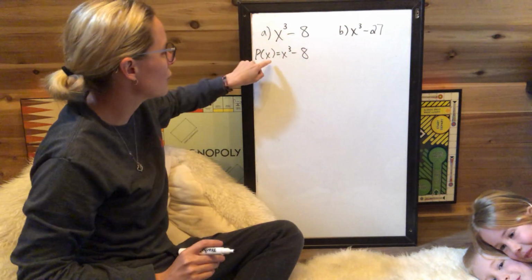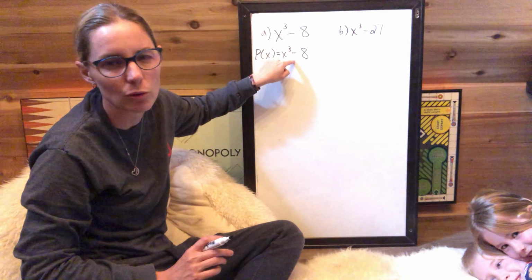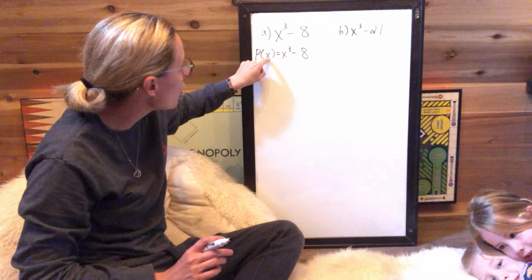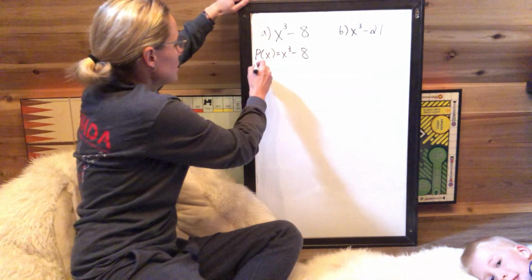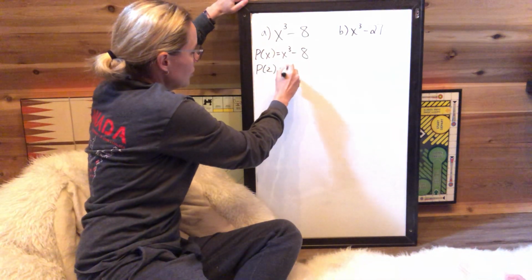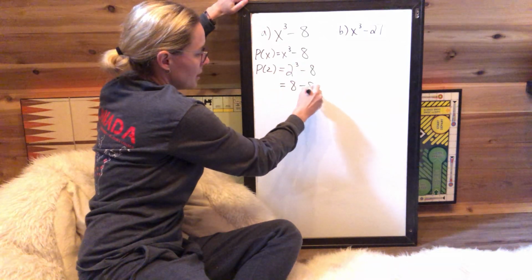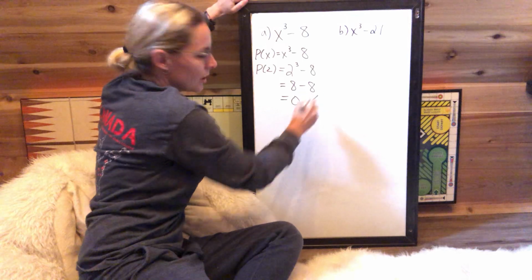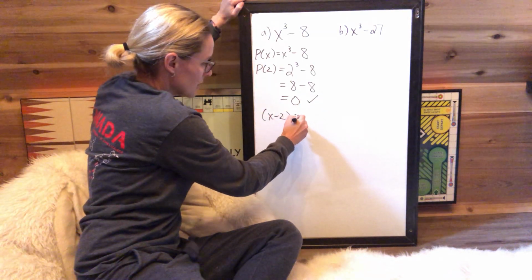You're looking for a value of x which gives an answer of 0, the whole idea that you have a remainder of 0. When you sub a 2 in for x, p of 2, you get 2 cubed minus 8. 2 cubed is 8. 8 minus 8 is 0. This makes us happy. That means we know that x minus 2 is a factor.